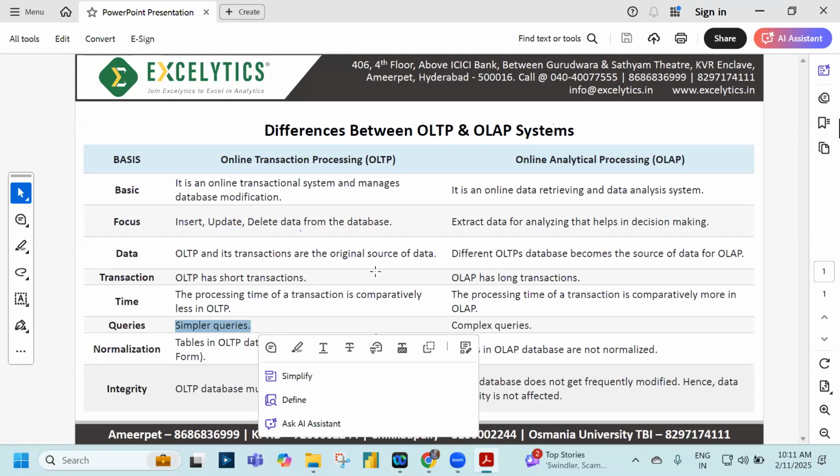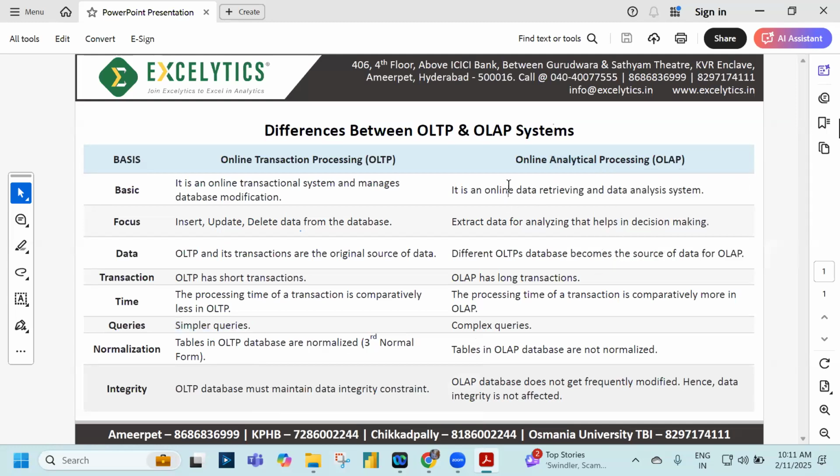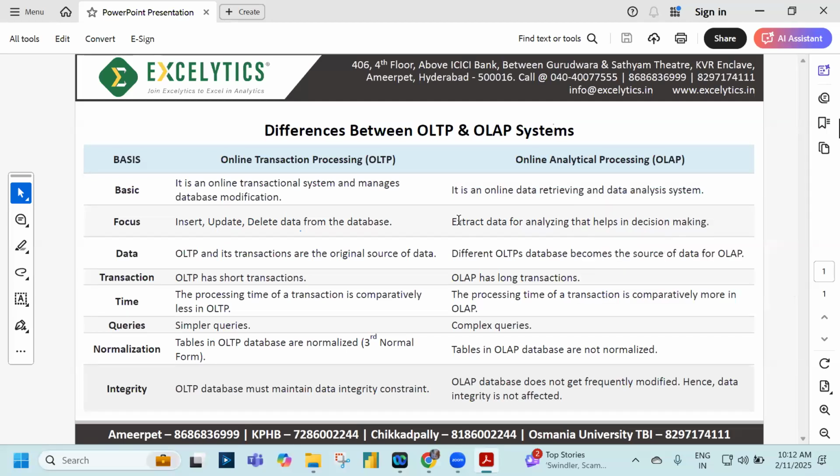Coming to OLAP, online analytical processing, the name itself says this is meant for analysis purposes. It's an online data retrieving and data analysis system. So what do we do here? We retrieve the data and analyze it, extracting the data for analysis that helps in decision making.